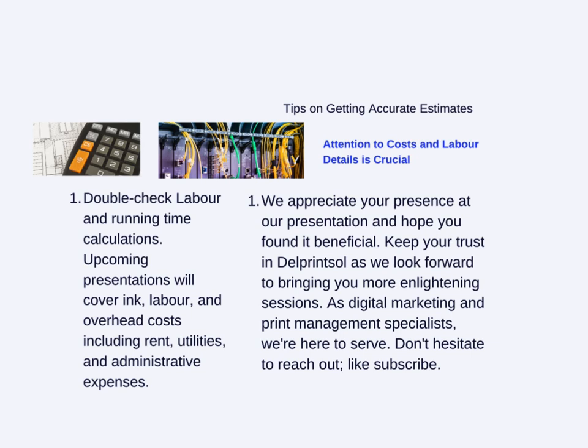Right now, our attention is on cost and labor details, which are very, very crucial. Labor and running time calculations are the ones we will be presenting in subsequent presentations. They will cover utilities, rent, and administrative expenses, etc.